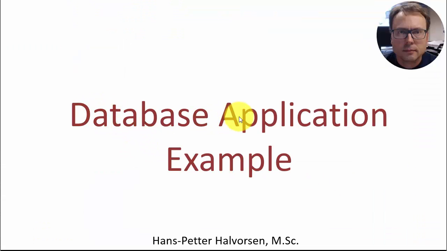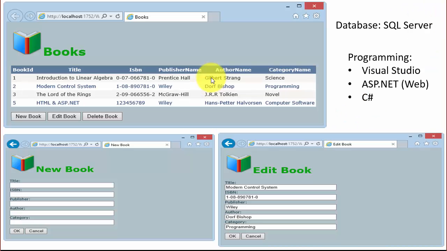Finally, I will show an example. In this example, I have made a website or a web application. I used Visual Studio and the ASP.NET web framework and the C# programming language. And the database where the data is stored is SQL Server. So here is the first page where I have a list of books. And then I can create new books, and then I click this button.